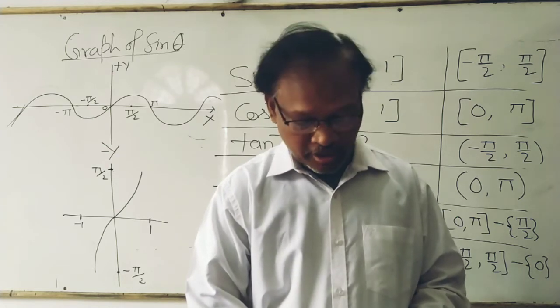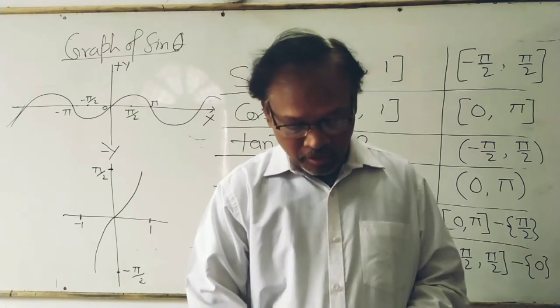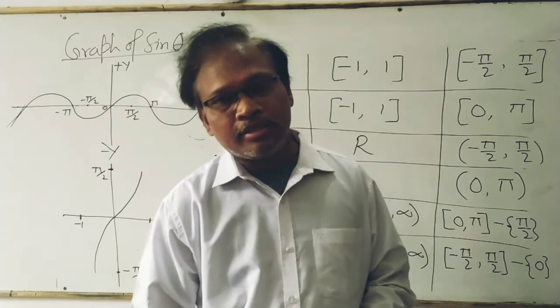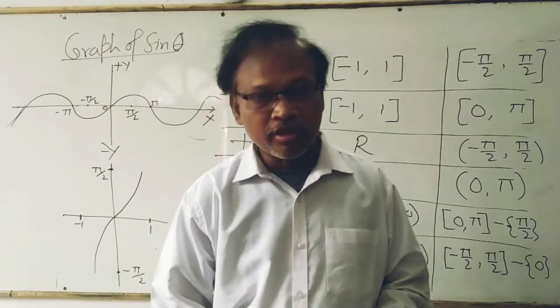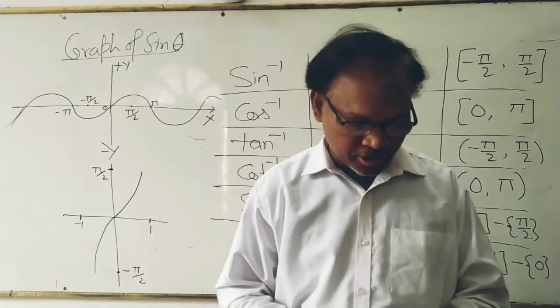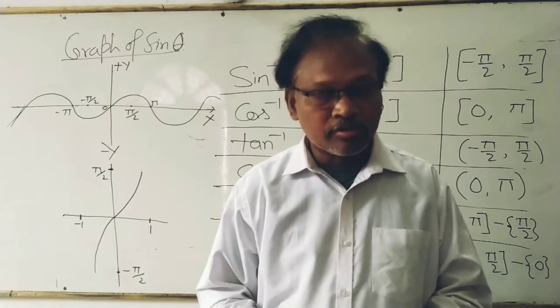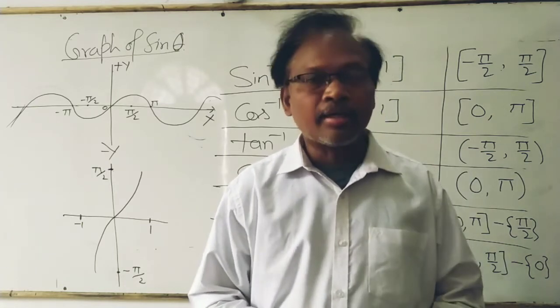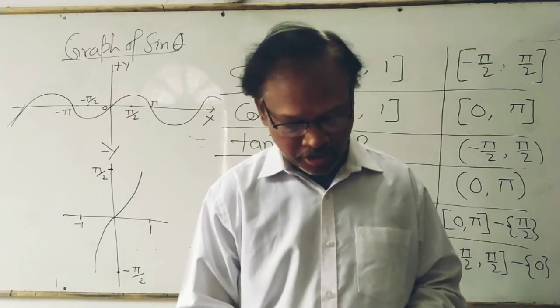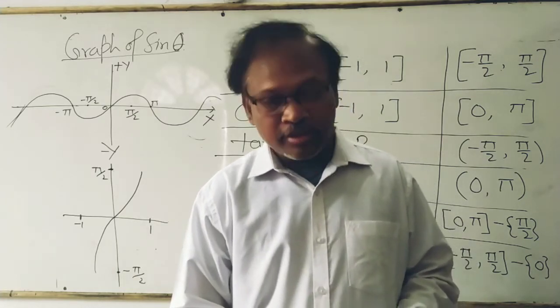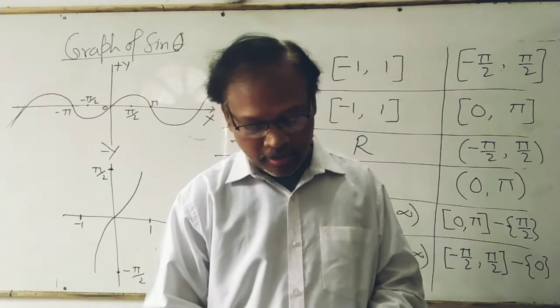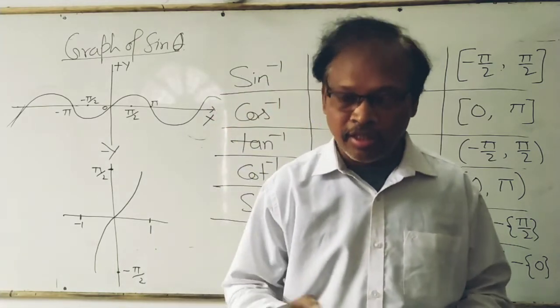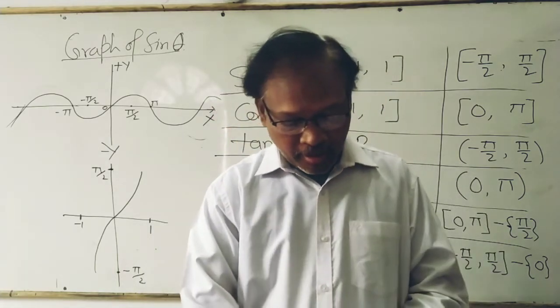So how is this related to trigonometry? When you say sine theta, what is sine theta? It is a trigonometric function. What is cos theta? Also a trigonometric function. How many trigonometric functions are there? There are 6 trigonometric functions altogether: sine theta, cos theta, cot theta, tan theta, sec theta and cosec theta.